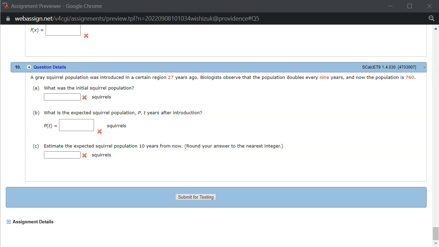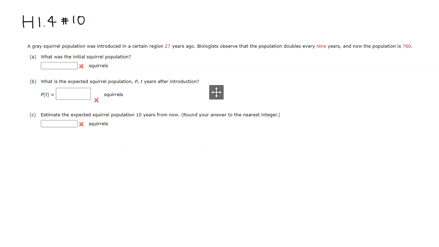All right, so let's try to figure it out. What's given? Let's call the initial population P0. Then the population at time t, let's call it P of t.